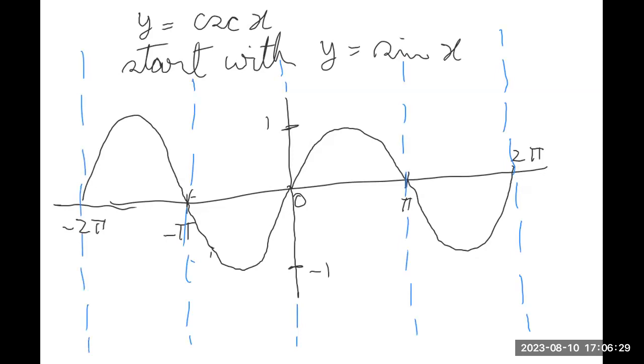And then the graph of cosecant x itself, I'm going to draw in red. It goes like this. It just barely touches the peak of the sine graph.